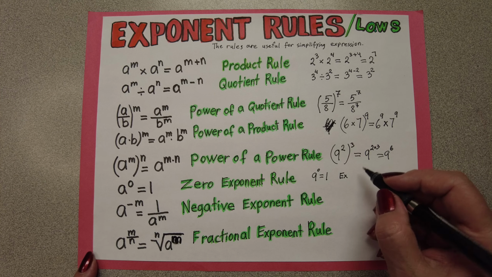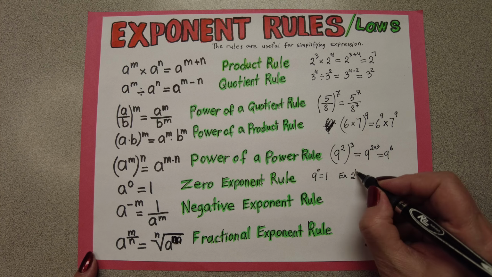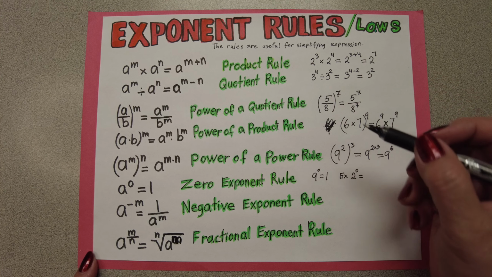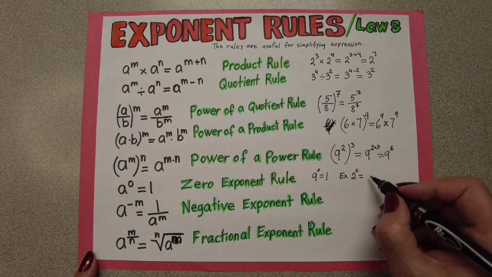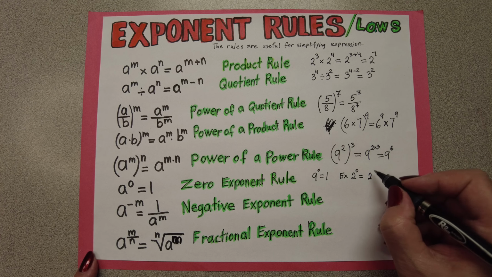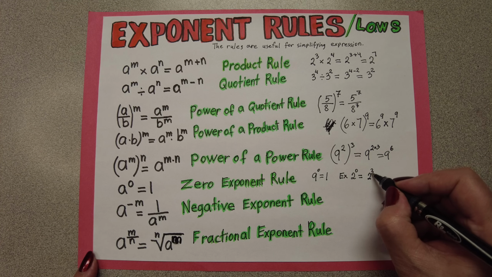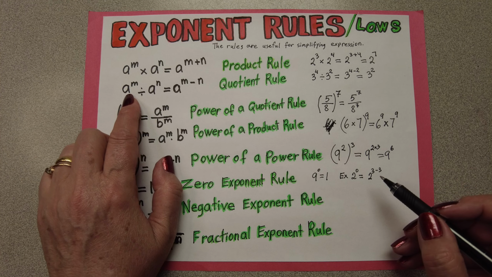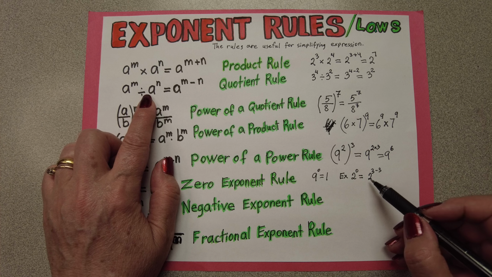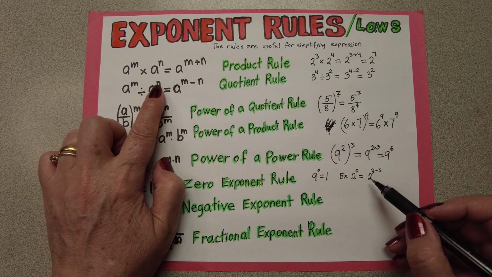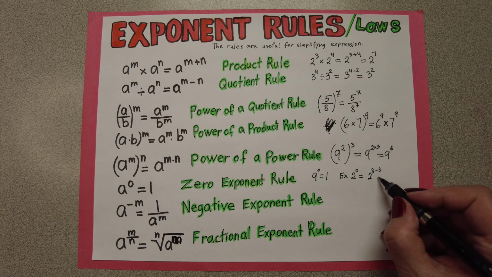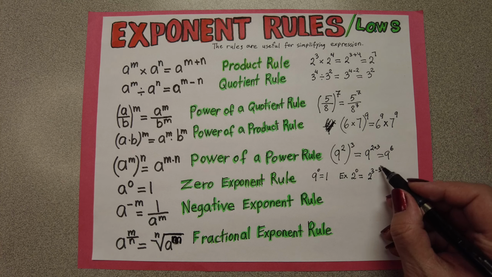If I have 2 to the power of 0, I can use previous methods, like writing 3 minus 3. Imagine we had the same base, 2, and m and n were 3.